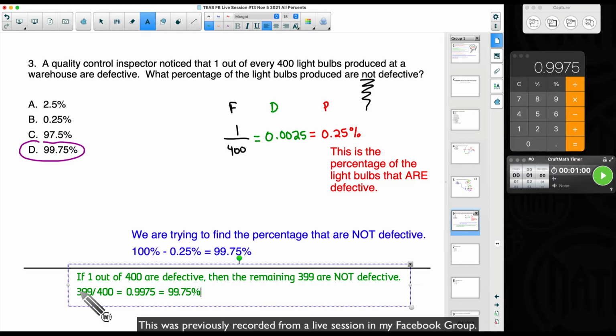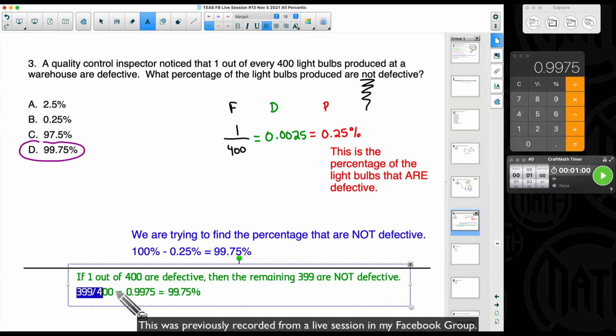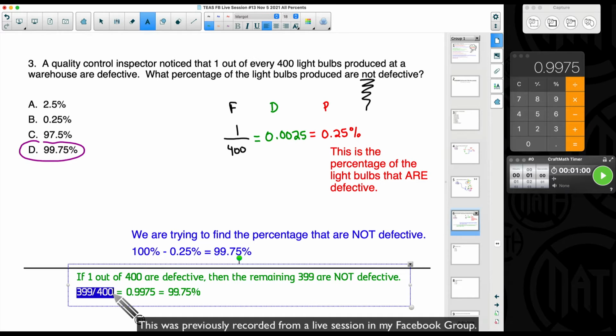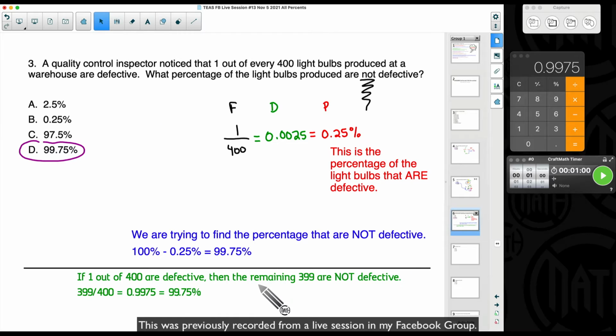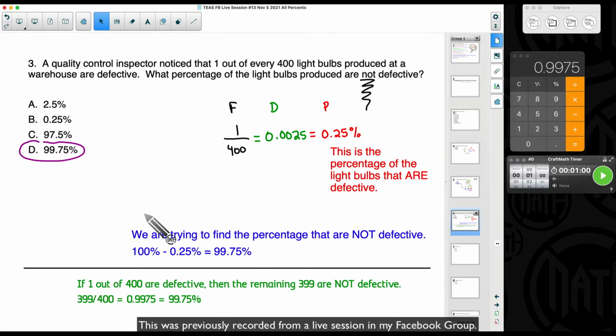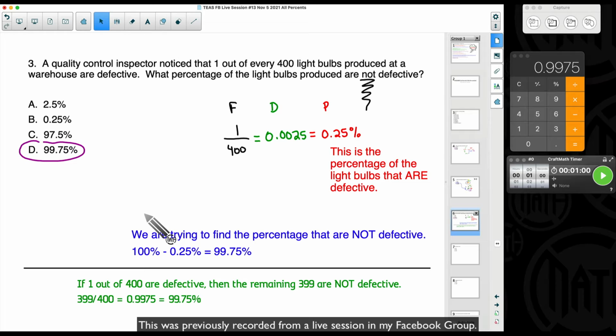So now we didn't have to subtract this from 100 because technically I did my subtraction right here. I took away the 1 light bulb that is messed up, which leaves us with those remaining 399 that are not messed up. I hope that makes sense there. Multiple approaches, absolutely. But that's how I would approach that problem, especially tying in fractions, decimals, and percents.